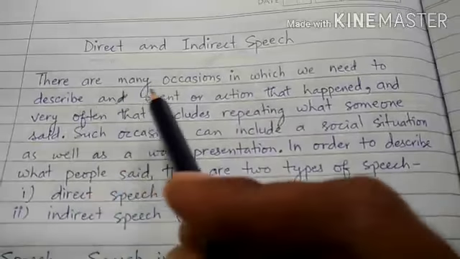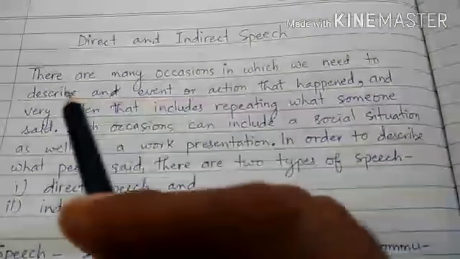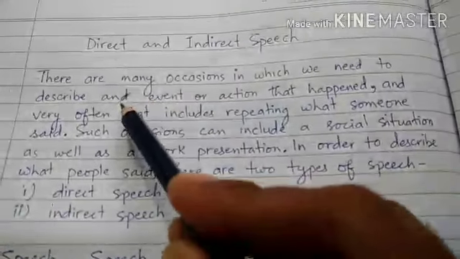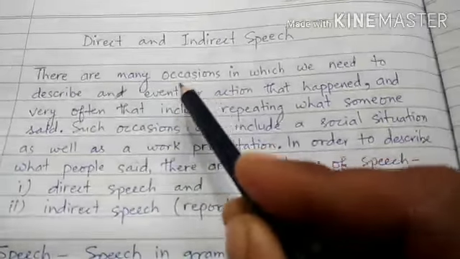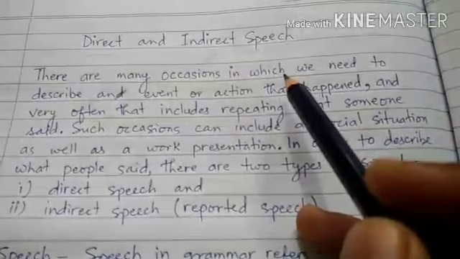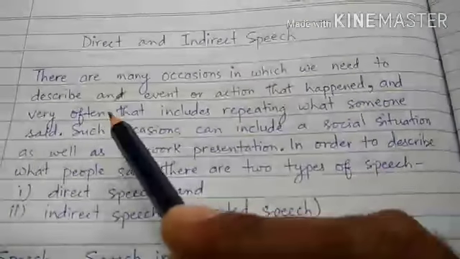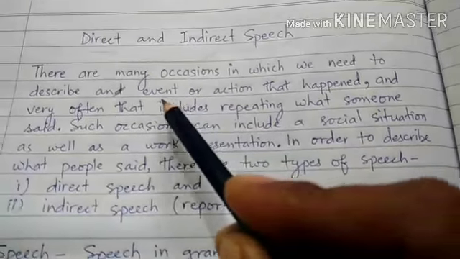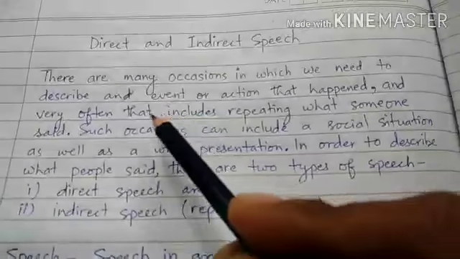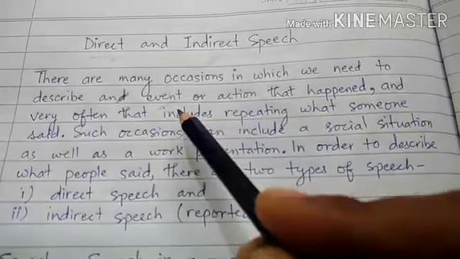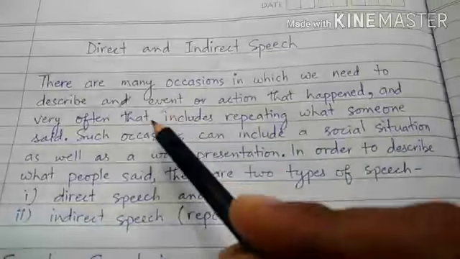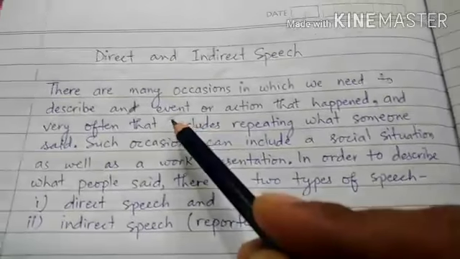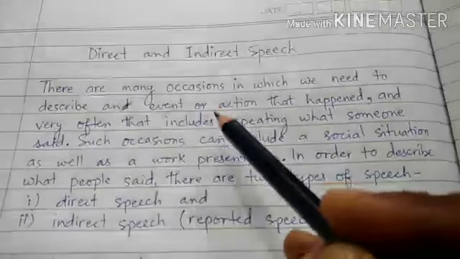So what does this script say? बहुत सारे ऐसे समय आएंगे, occasions, time, जब हमें क्या कहना पड़ता है कि कोई भी एक्शन हुआ हो, कोई भी इवेंट हुआ हो, उसे बताना पड़े. ओके और बहुत बार हम क्या करते हैं, उस एक्शन को रिपीट करते हैं. जिस तरीके से वो एक्शन हुआ है उसी तरीके से बताने की कोशिश करते हैं, या तो कई बार हम क्या करते हैं, उस एक्शन को अपना बनाकर उसे बोलते हैं.